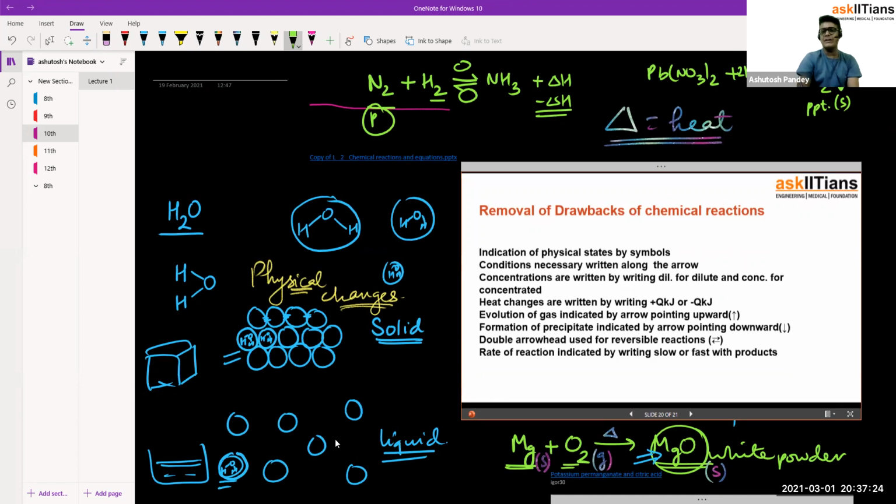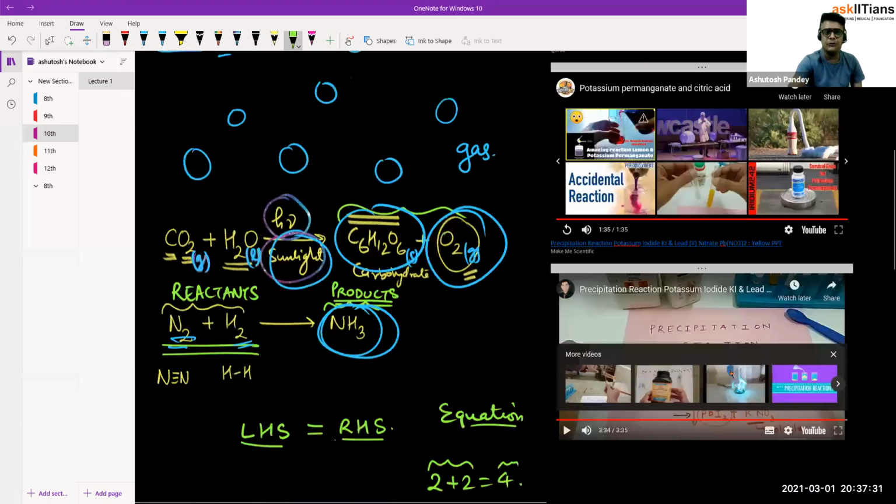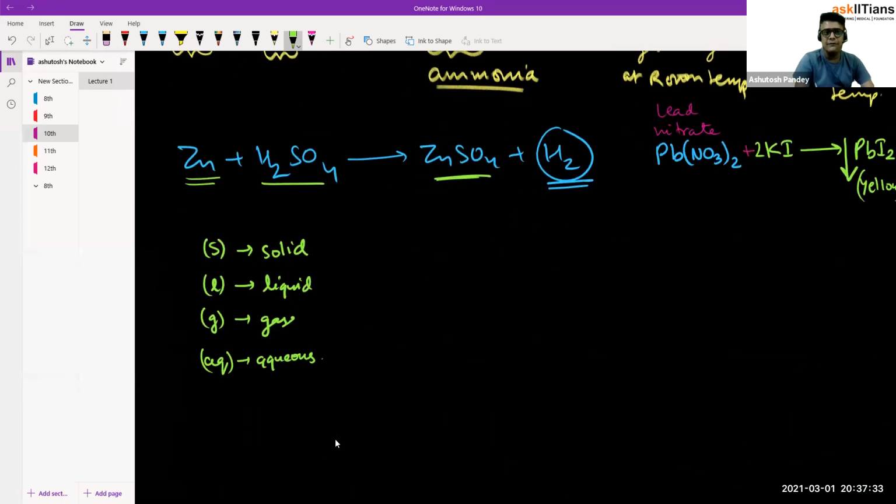Then concentrations are written by writing dilute or concentrated. For acids, if we have H2SO4, we will write dilute H2SO4 or concentrated H2SO4, like this.